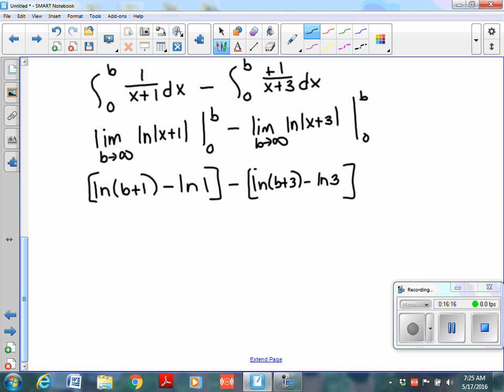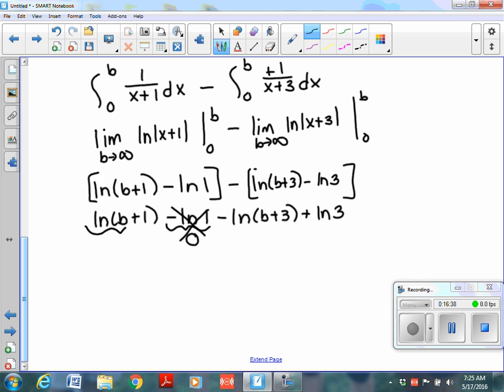Okay, let's try to simplify this. This is the natural log of b plus 1 minus the natural log of 1 minus the natural log of b plus 3, and 2 negatives equal a positive natural log of 3. Okay, I'm hoping you know that the natural log of 1 ends up being 0, so that's gone. So you have only the natural log of 3 left.